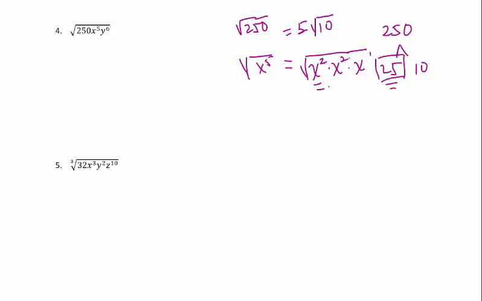But then I see that these are perfect squares, and so for every perfect square, we take out one of whatever the base is. So x times x will come on the outside, and then square root of x will remain. Altogether, that's x squared square root of x.